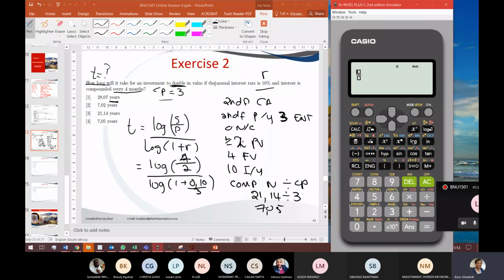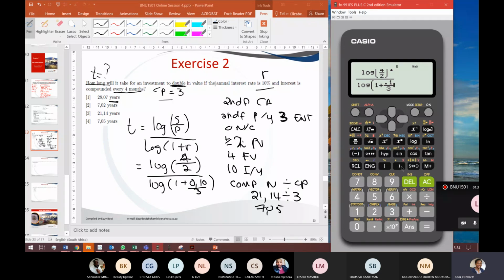So let's go. The log of the fraction of my future value divided by my present value, close bracket, divide by the log of 1 plus fraction 0.1 divided by 3.